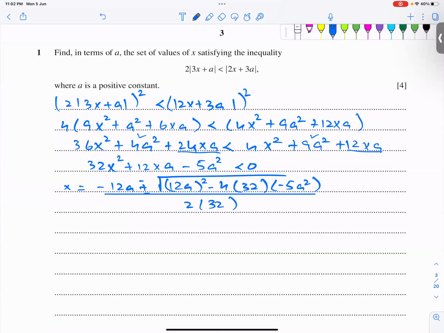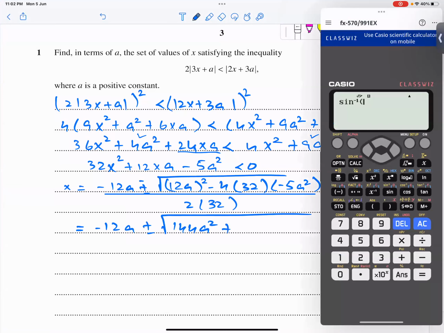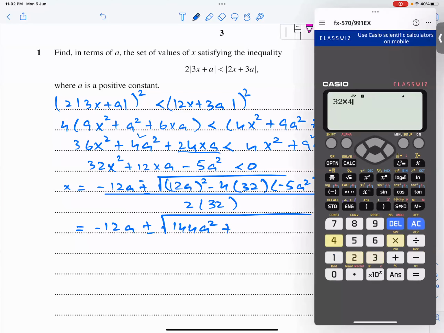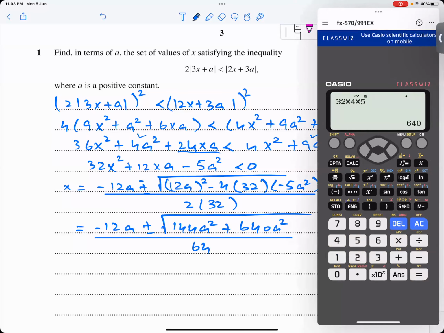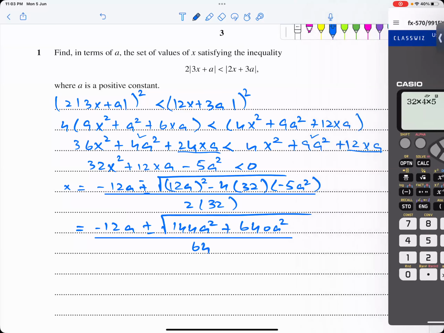So when you solve, this will become minus 12a plus minus square root of 144a square plus 32 times 4 times 5. This will be 640a square divided by 64. 32 times 2 is 64.